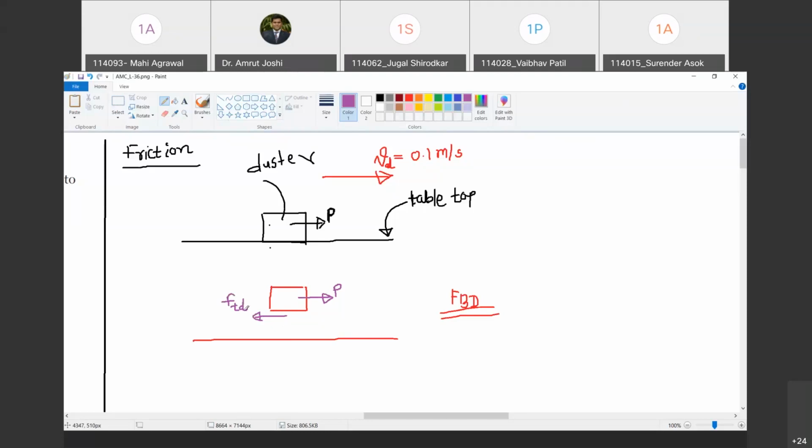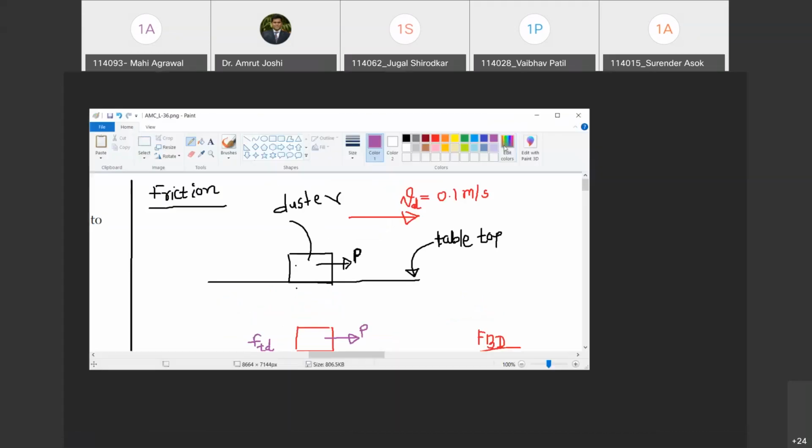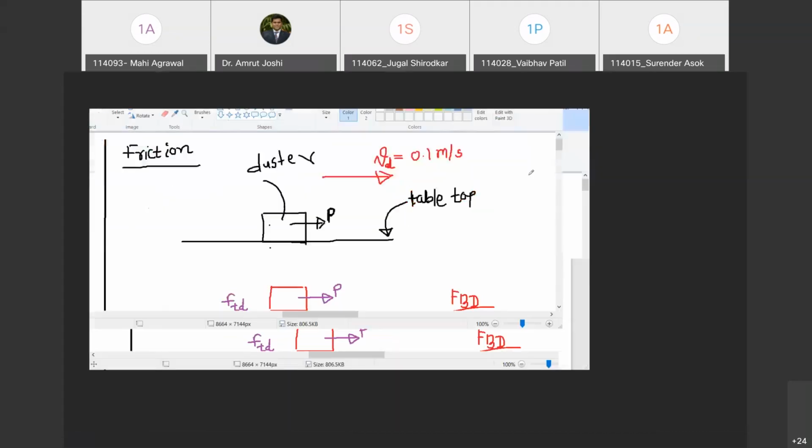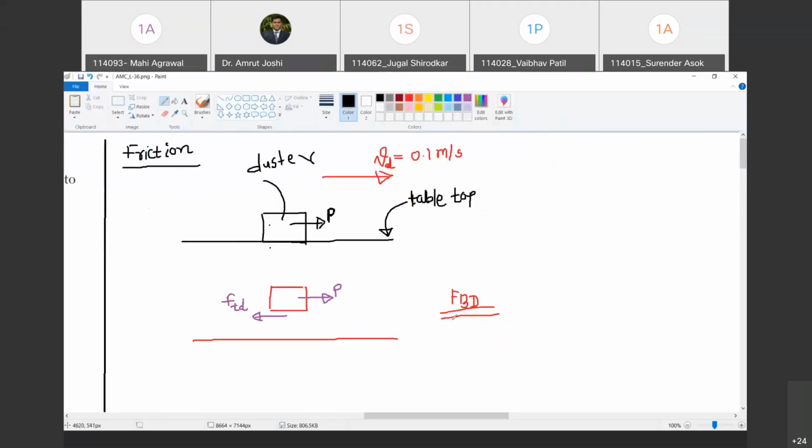Happy? Yes, sir. In turn, the duster is trying to take the table along with it in this direction. Do you agree with me? Yes, sir. Therefore the duster is also applying an equal and opposite frictional force on the tabletop. This is the frictional force applied by the duster on the tabletop.